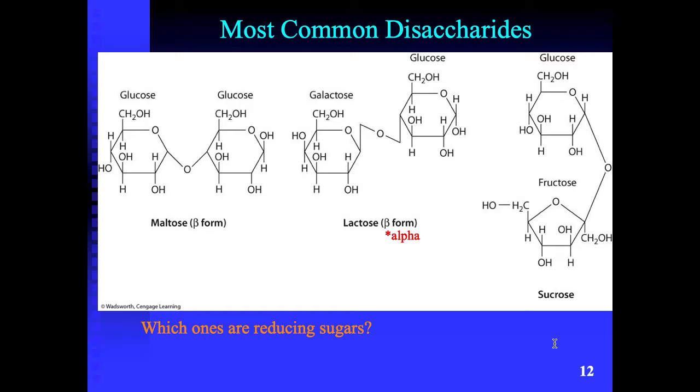So some similarity to this, but different monosaccharides and a different orientation here. It'd be better if they drew it a different way for me, honestly, but this is lactose. So again, we're going to find the anomeric carbon. It's up, so that's beta. It's carbon number 1, so we say beta 1 to 4.